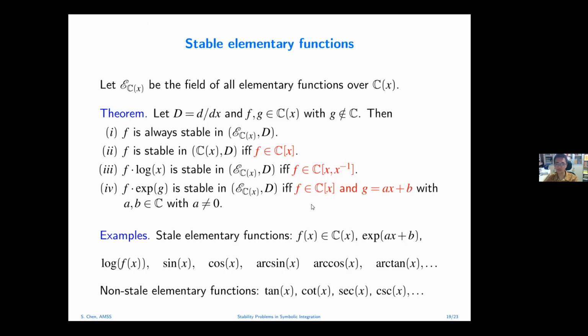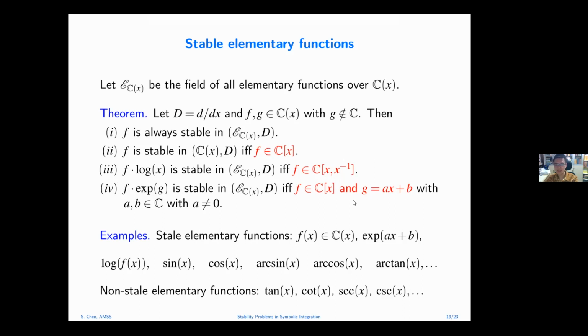We know that exponential of ax plus b is very obvious to see to be stable. And as I showed that this has a module structure, you can always multiply by a polynomial and keep the stability. So one direction is easy to show.